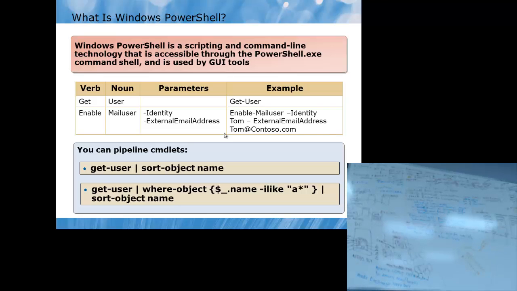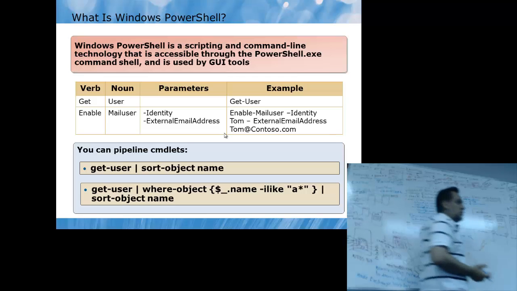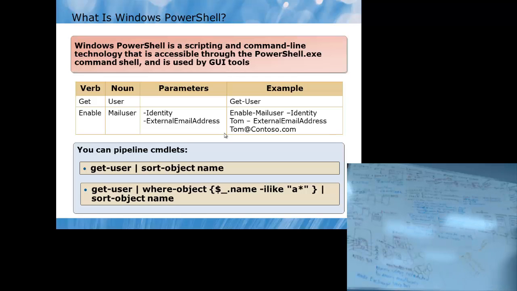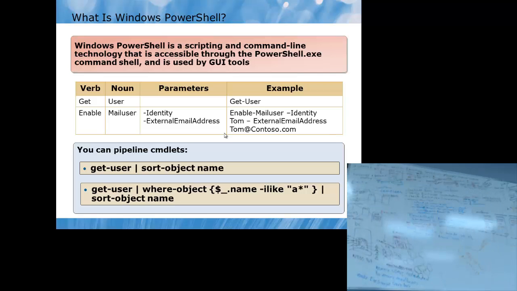So each commandlet has a verb and a noun, like Get-User, Get-ADUser, New-User. You have Enable-Mailbox. So each of the commandlets is made in this manner. There are many nouns and many verbs in there.